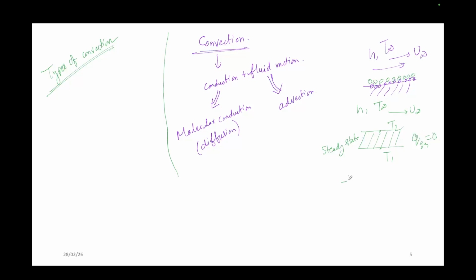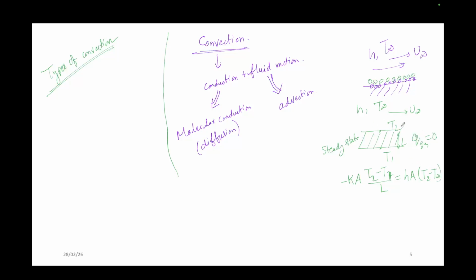So what would the equation be then? K A del T, where A is the surface area, which is basically your T2 minus T1, by L, the length, equal to H A (T2 minus T infinity).